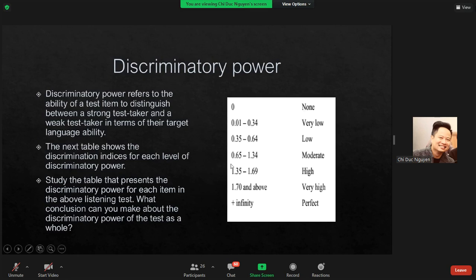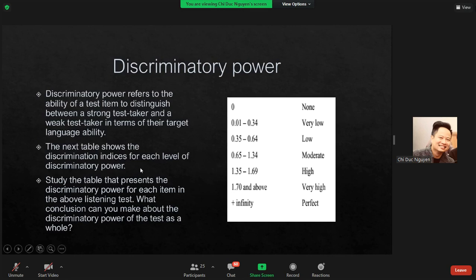If the indices go from 0.65 to 1.34, it has moderate discriminatory power. And if we have 1.70 or above, we have a very high discriminative level.